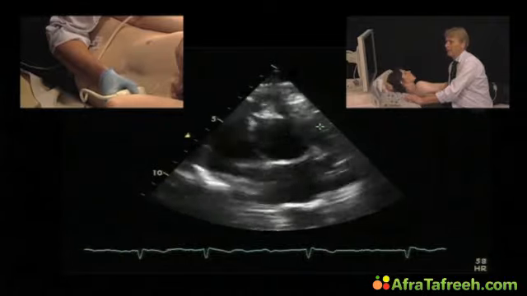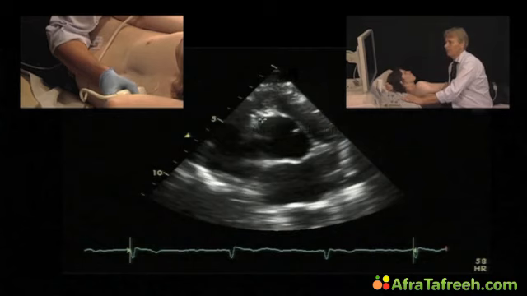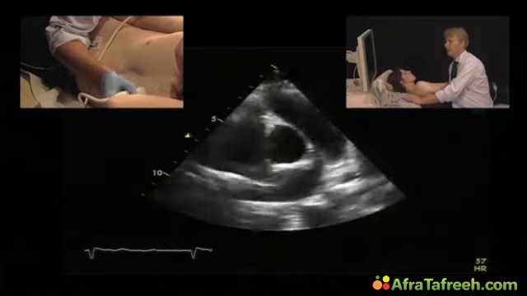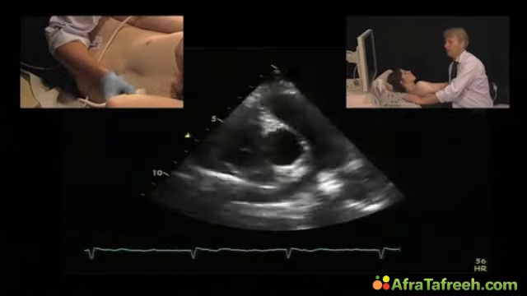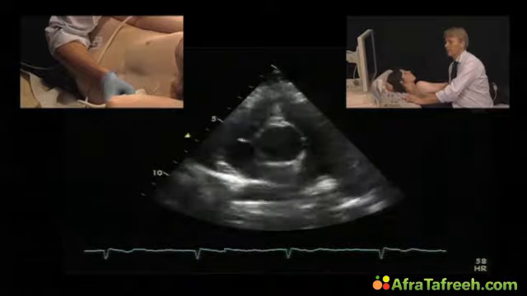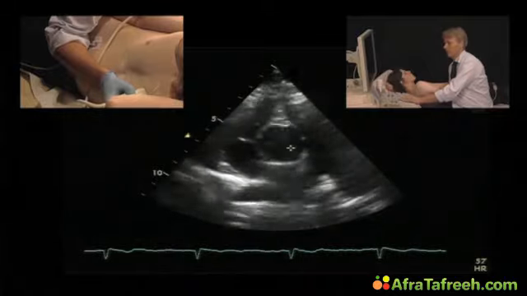We can also see certain details. For example, here it is possible to even see the origin of the right coronary artery. The left coronary artery is more difficult to visualize in a short axis view. It would be somewhere down here.